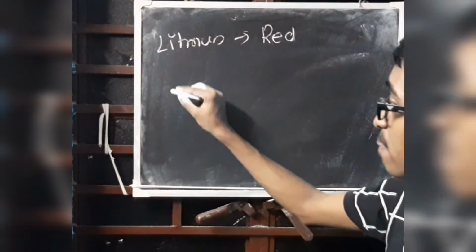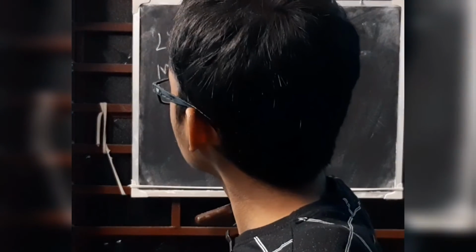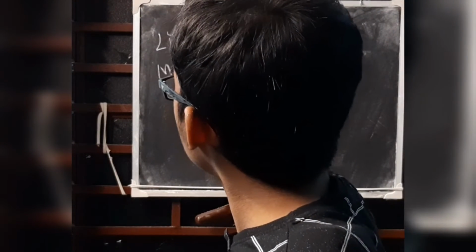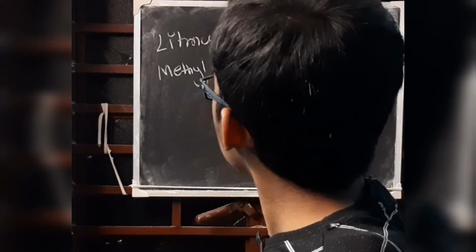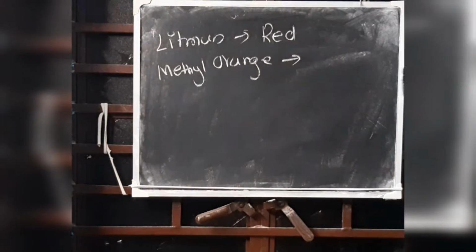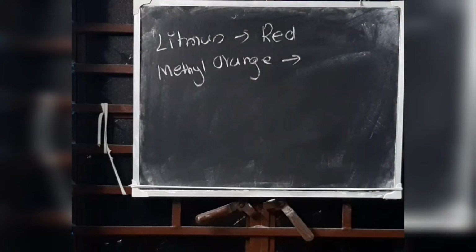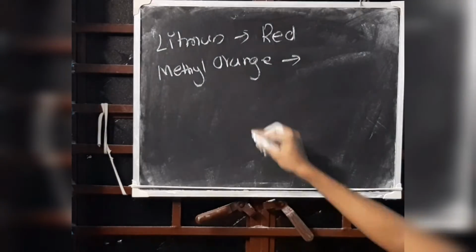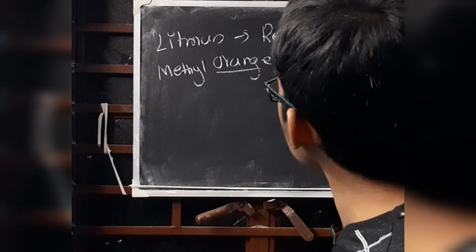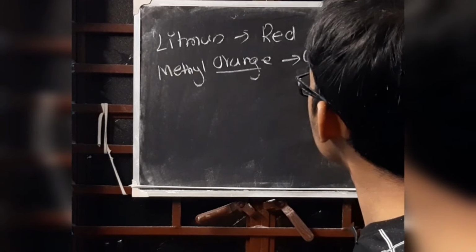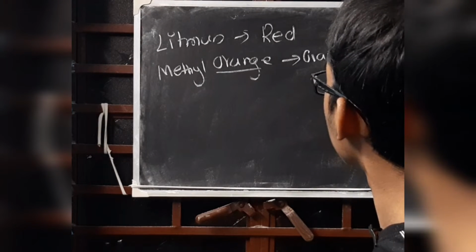Second is methyl orange. You remember that methyl orange is pink in acidic medium. Clear? Original color is given in the question only. Orange changes to pink.